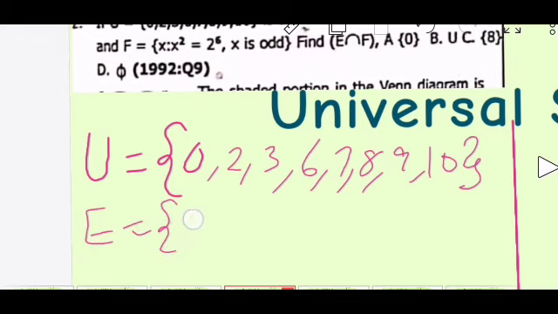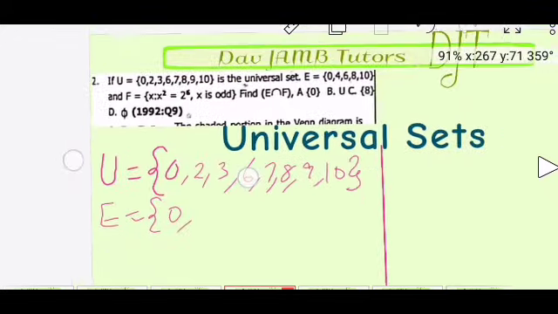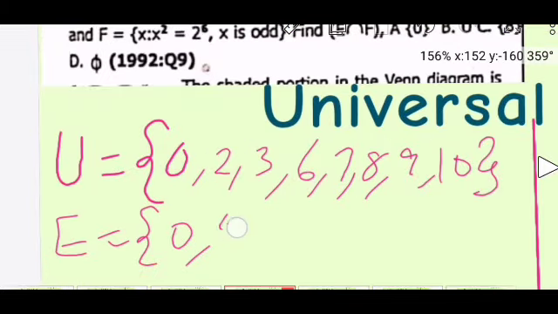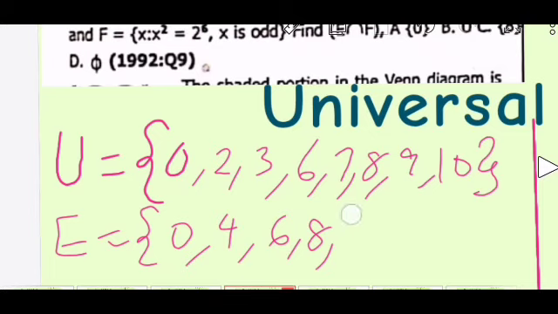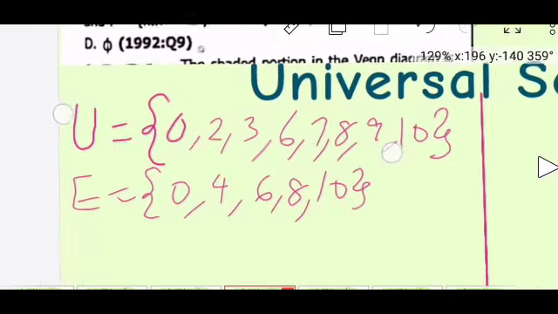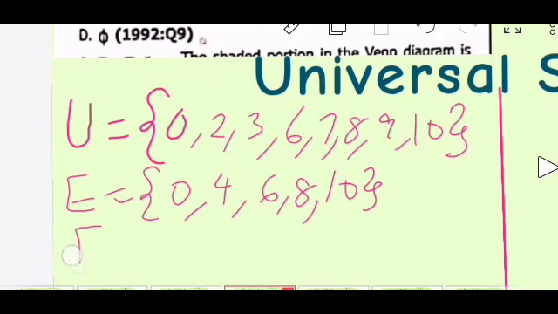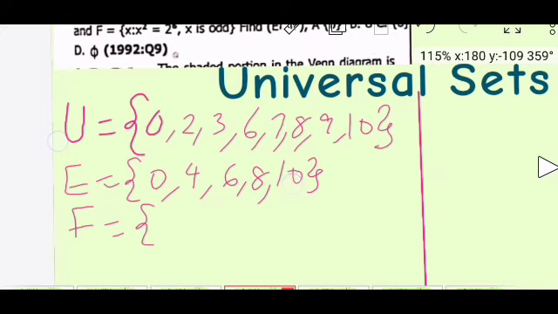Then I said for the set F, we don't know the true values of that yet. But for the set F, we have our equation, which is x squared equals 2 raised to the power 6. Now to solve this, they had already said that x is odd.